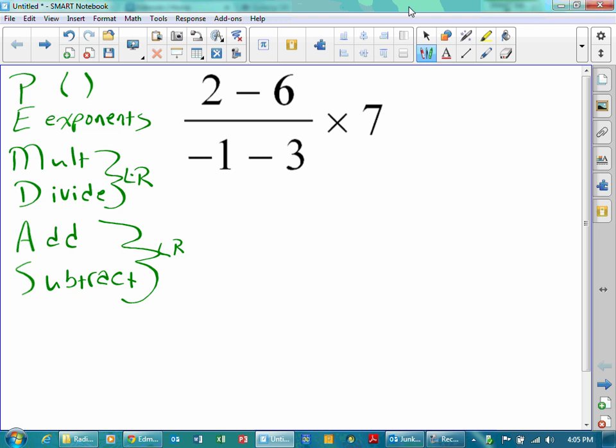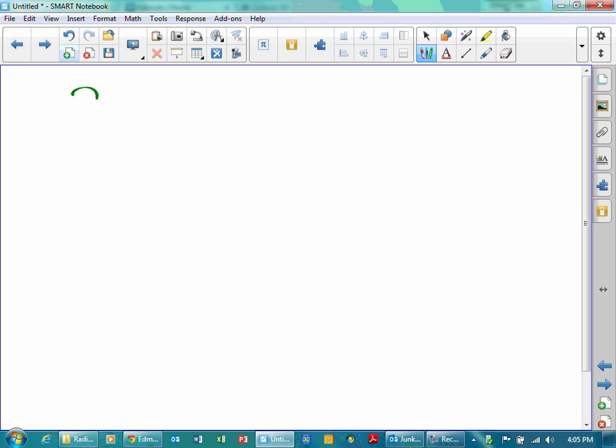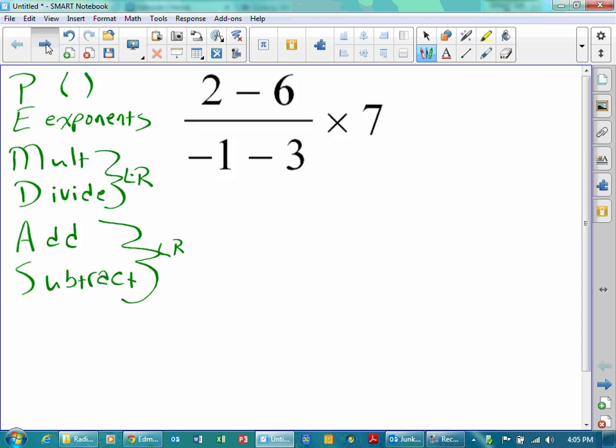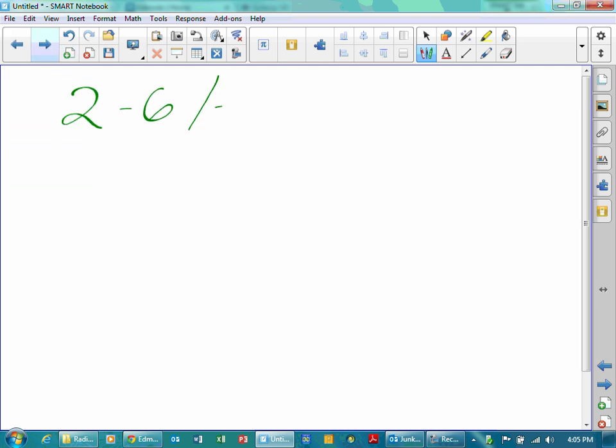So, we've got this problem here. 2 minus 6 over negative 1 minus 3 times 7. I know that you're going to want to write it as 2 minus 6 divided by negative 1 minus 3 times 7.